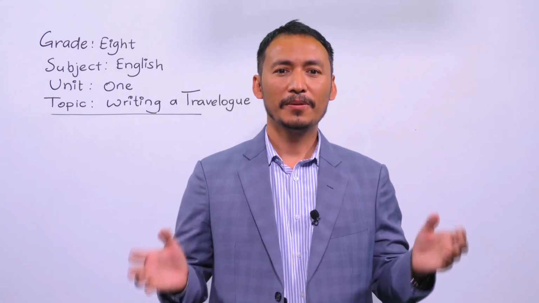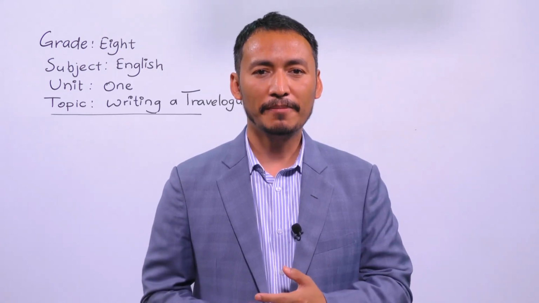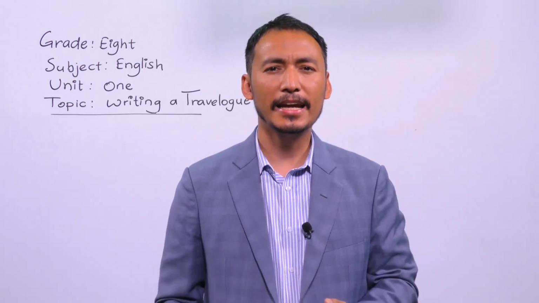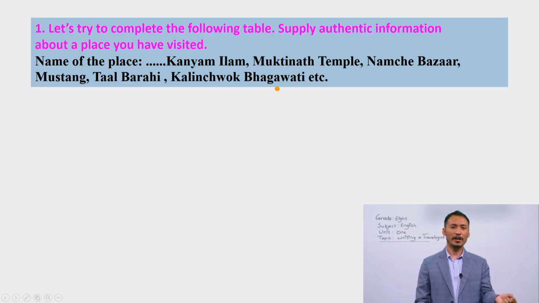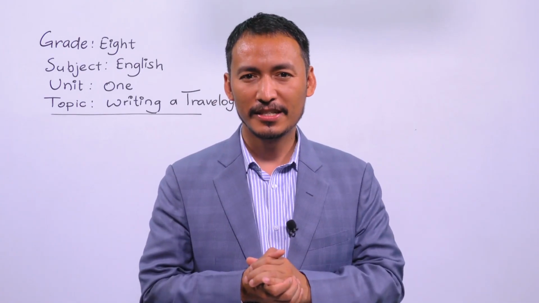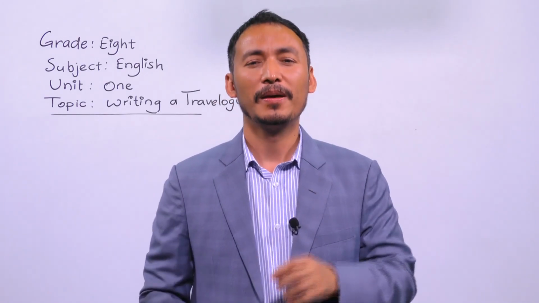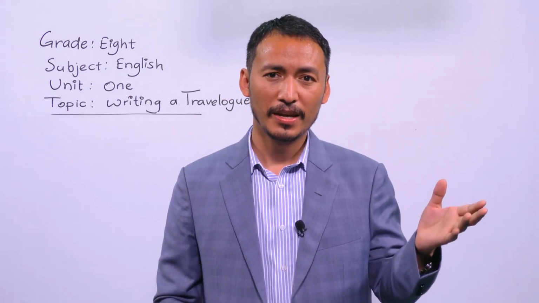So I have added more information for the topic place, like you can say Mustang, Talbarahi, Kalinchok Bhagavati, and so on. As we already talked, there are so many places of tourist attractions, right? So you would like to visit those places as a tourist, don't you?